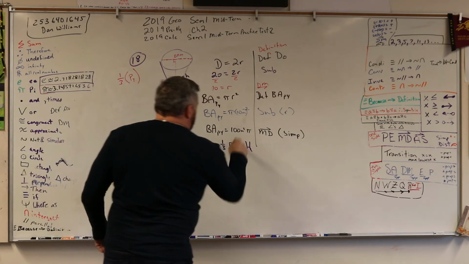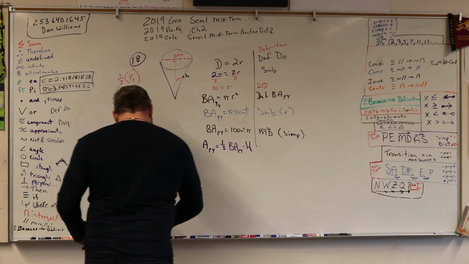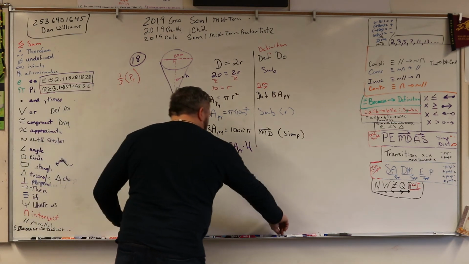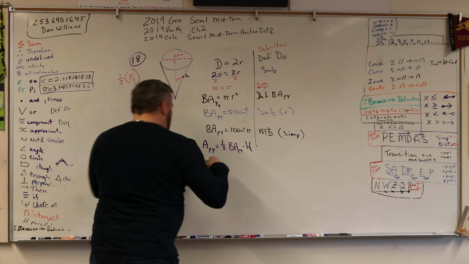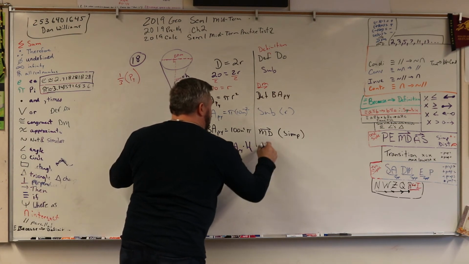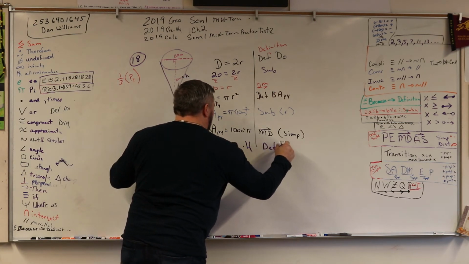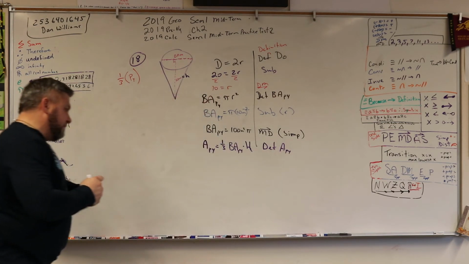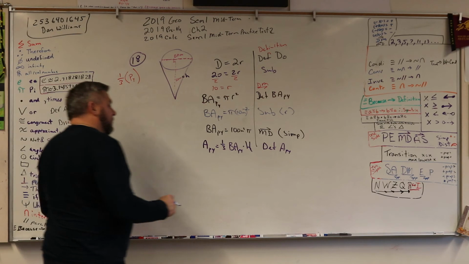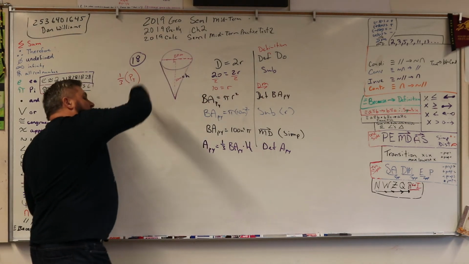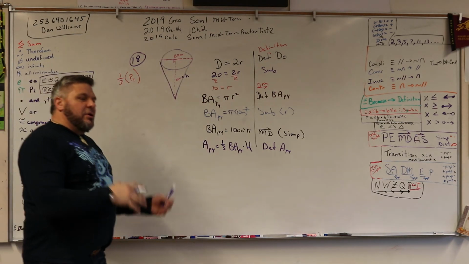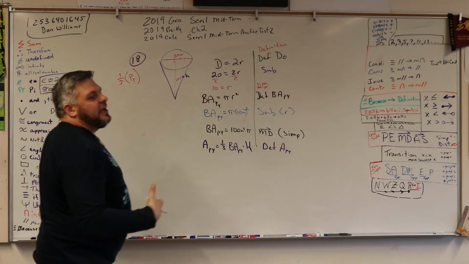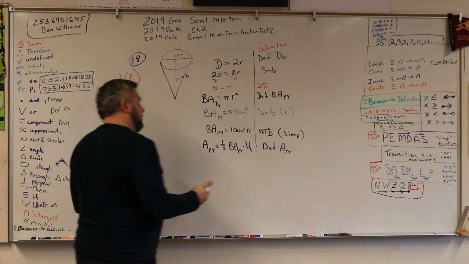We now know the base area is 100. This is the definition of the area of a pyramid. Now, this is a cone, but a pyramid and a cone have the same formula: base area times height.